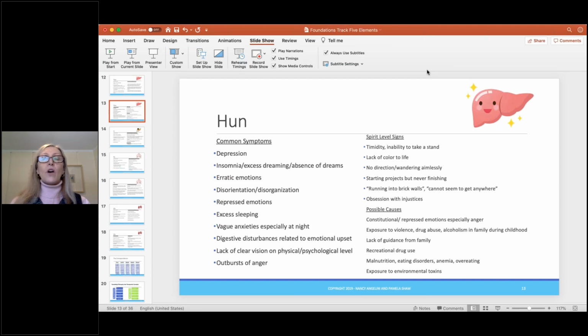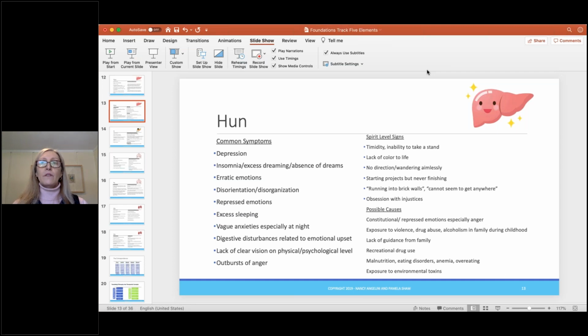So, possible causes. Okay, constitutional, repressed emotional anger. Repressed frustration, not allowed to express healthy anger, not allowed to express healthy frustration. Exposure to violence, drug abuse, alcoholism in the family.